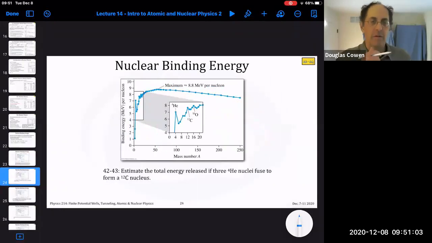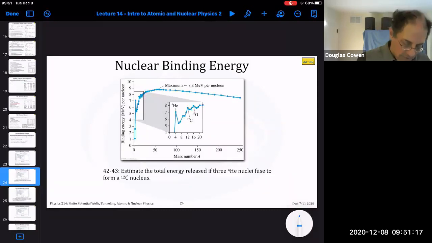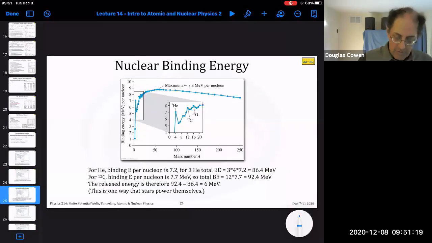So let's estimate the total energy that's released if we fuse 3 helium-4 nuclei, so these are basically alpha particles, to form a carbon-12 nucleus. What we need to do this calculation is to look at this figure. And if you look at this little blow up here, you can see that helium is just above 7 MeV per nucleon binding energy.